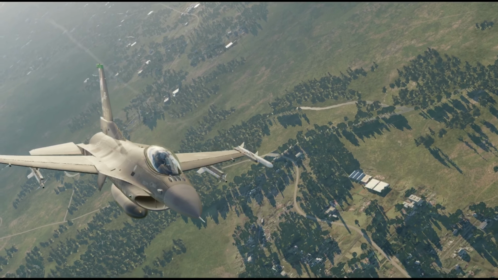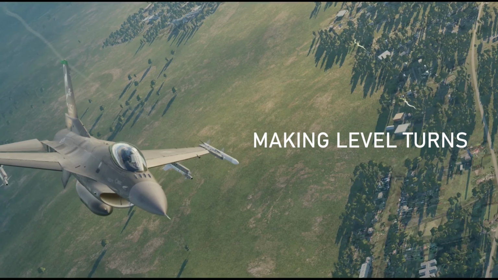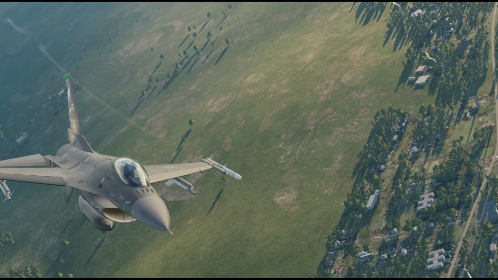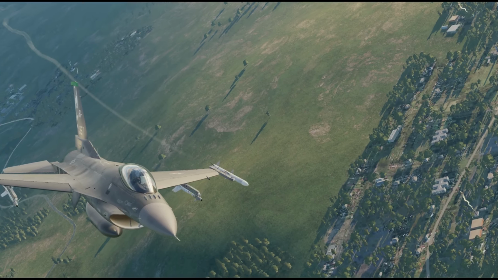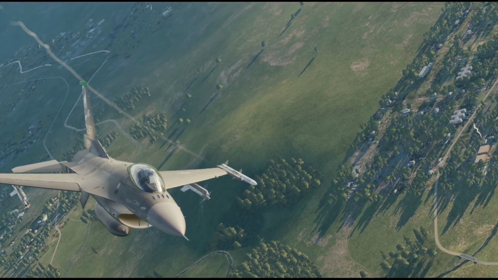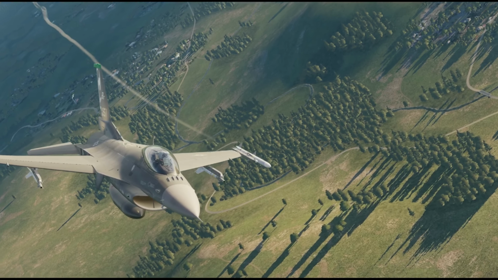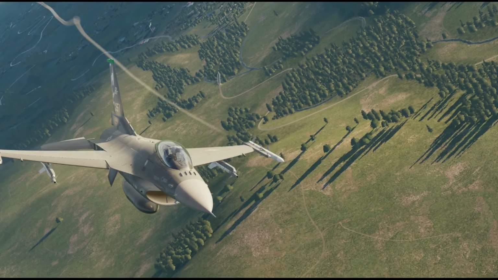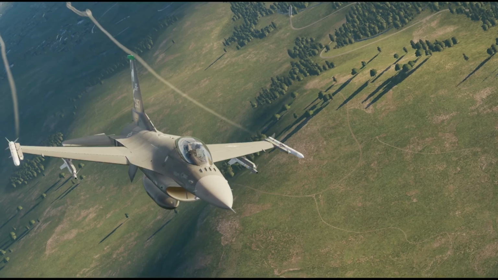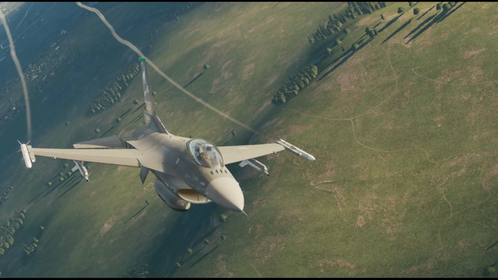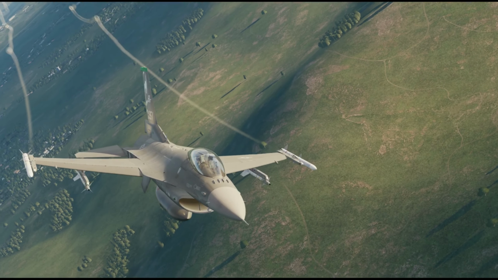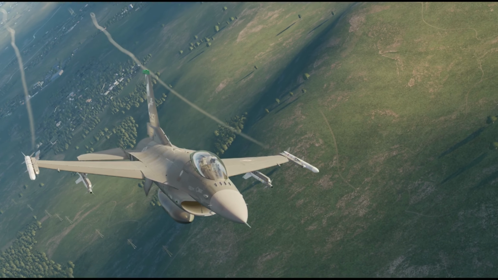One of the big things that a lot of people skip when it comes to flying in DCS is learning how to make level turns. Wow, really? Making level turns? Yes, 100% important. You probably never noticed it before, but when you're making turns in DCS and you're going left or you're going right, no matter which direction, how much altitude are you losing or gaining when you are completing that turn?